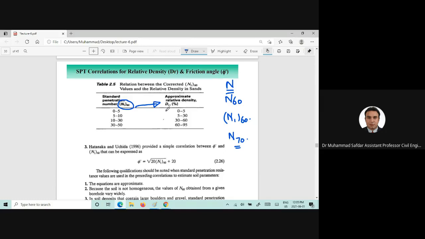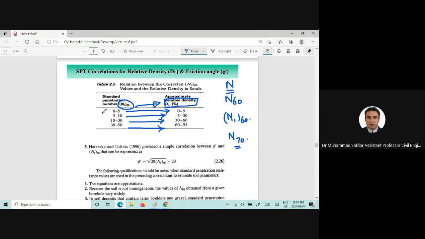For example, in this case, the relative density information is given in this table by a researcher, and he is relating the N160 value with the different types of sands or cohesionless soils, or the relative densities are given.